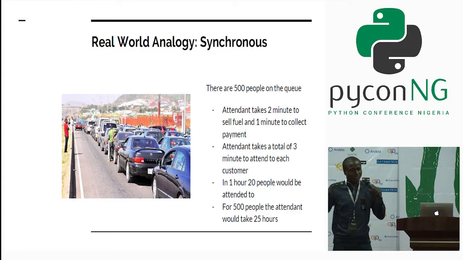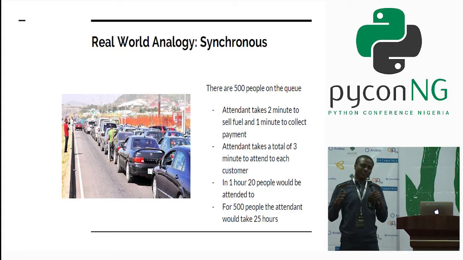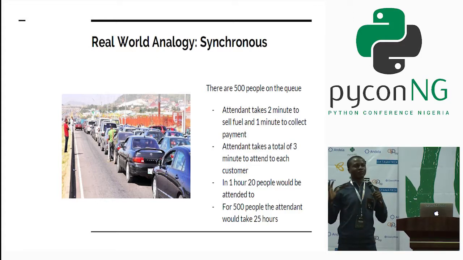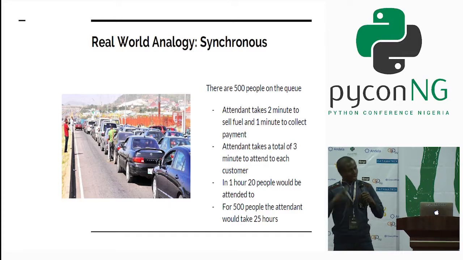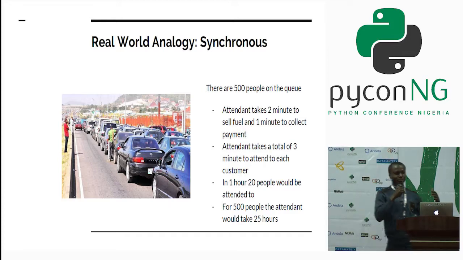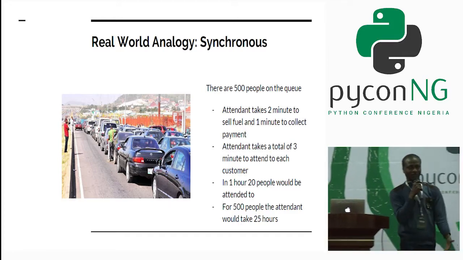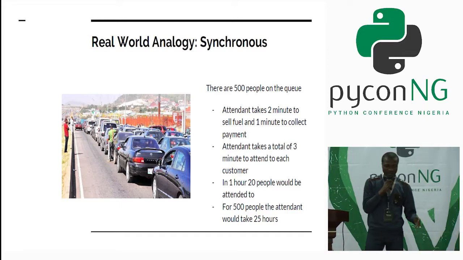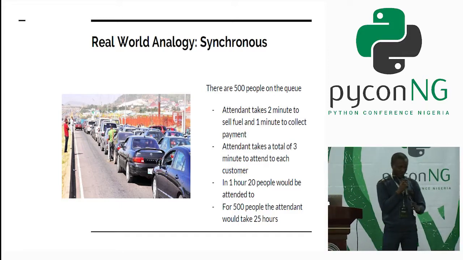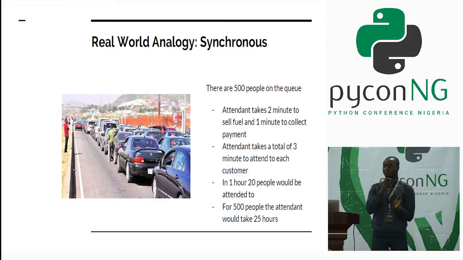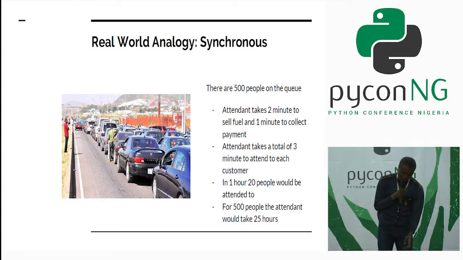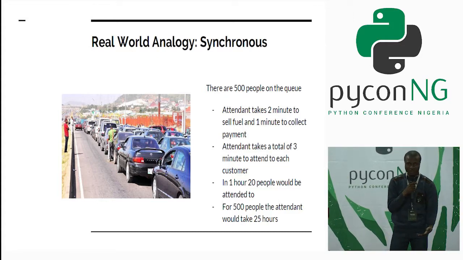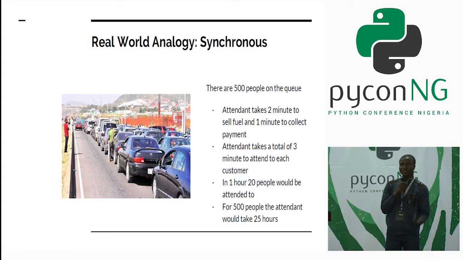But when there is scarcity of fuel, we have like 500 people trying to buy fuel at the same time, and one attendant attending to them one at a time. Let's say you use 2 minutes to sell the fuel, and 1 minute to collect the fee. So that's 3 minutes.